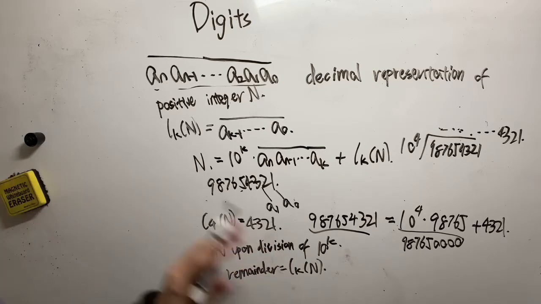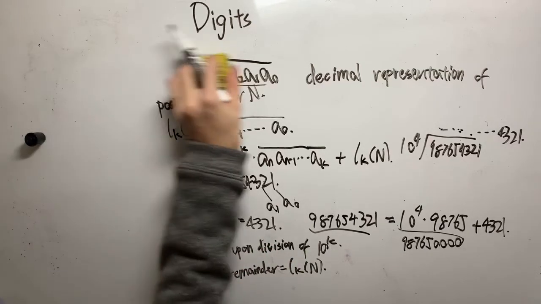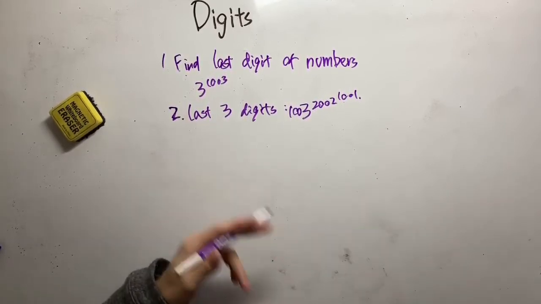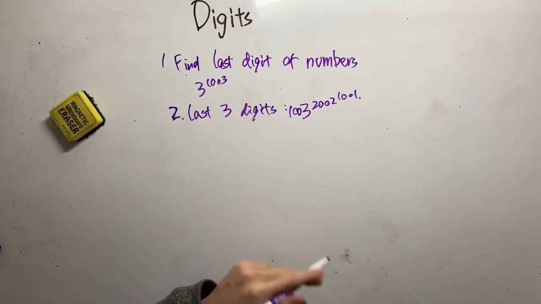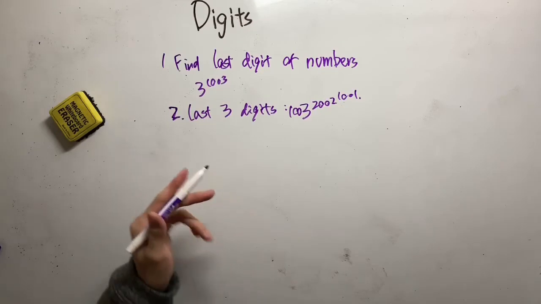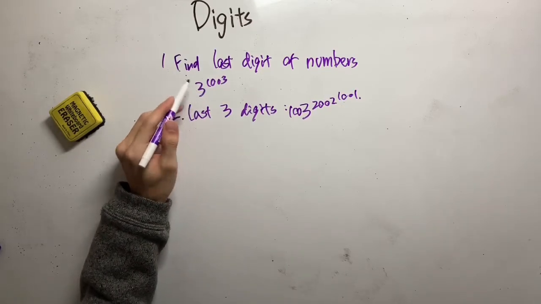Now let's look at some questions. For the first question, I just wanted to remind you that while we solve digit problems, don't forget to use Fermat's theorem or Euler's theorem to solve more quickly. So you can use Euler's theorem.